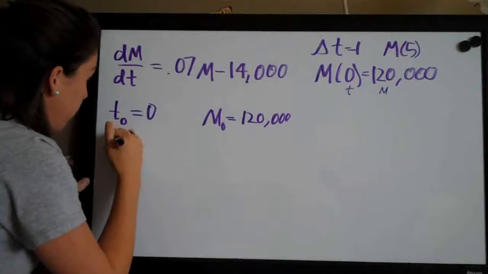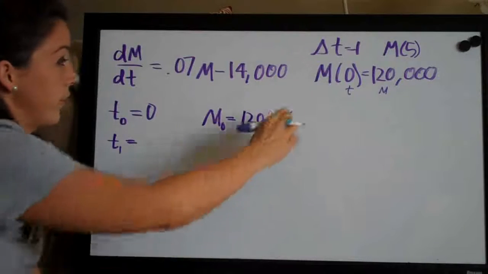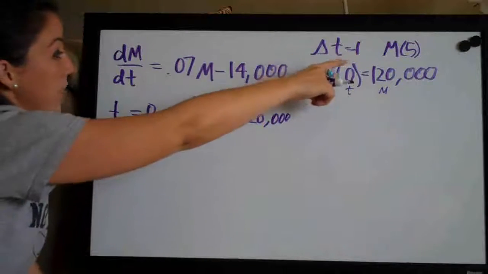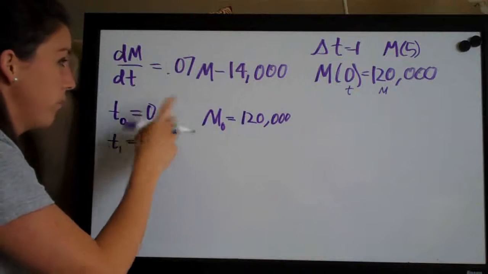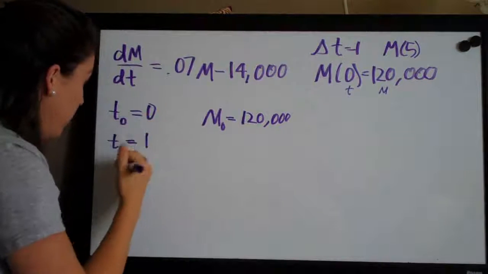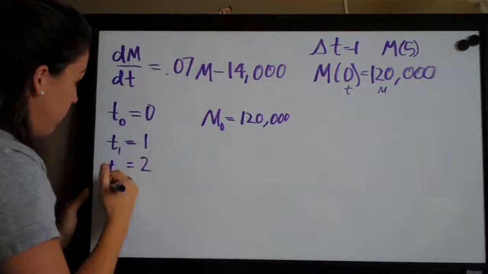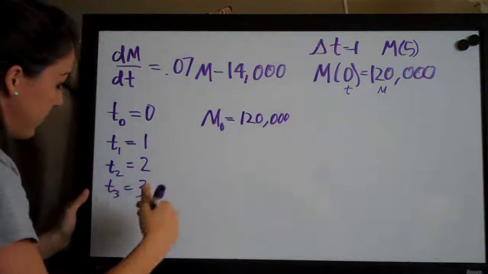So we will say t1 equals, right? They want the change in t to be 1, so that means we're adding 1 every time to whatever we started with. So 0 plus 1 would be 1. 1 plus 1 would be 2. 2 plus 1 would be 3, right? So you get the idea.